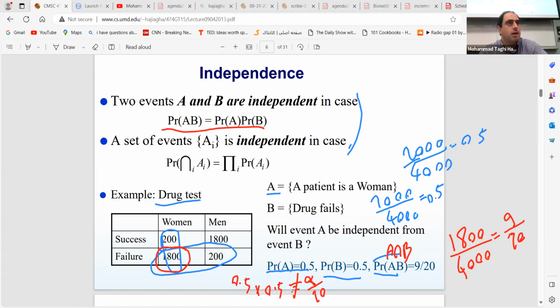Essentially, independent means that if one thing has happened, it does not give any information about the other. If this event happened, it didn't increase or decrease the probability of the other. If we know that one of these happened, it does not say whether the other event happened or not.